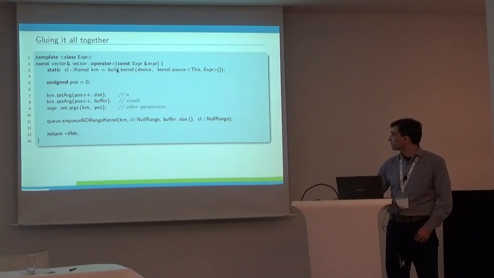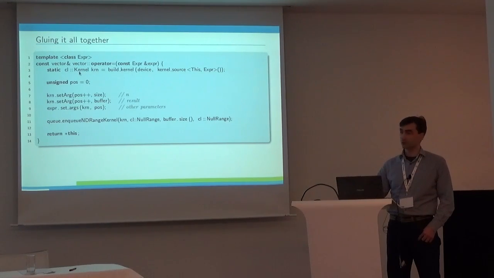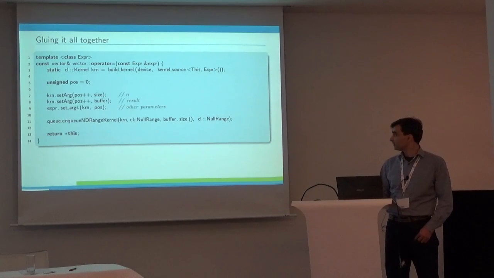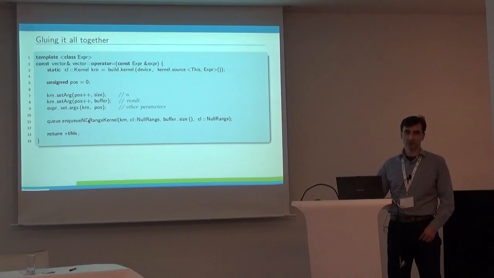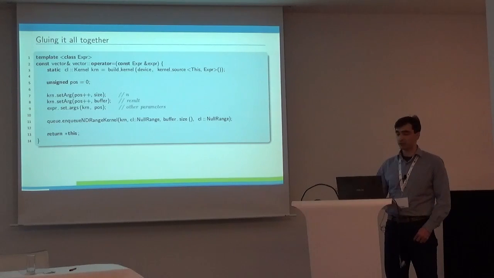We build the kernel for the device we are currently on, and we cache the compiled kernel inside this local static variable, so we don't have to generate it again and compile it again, which is really time consuming, especially compilation. And then we set the kernel parameters and enqueue the kernel for asynchronous execution to the device queue. And then we are done.